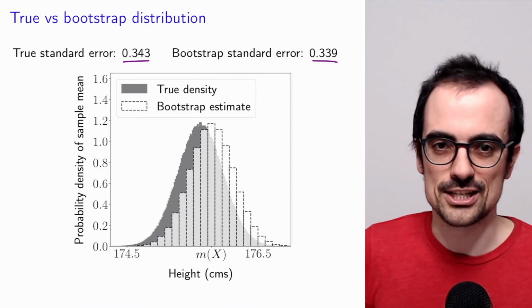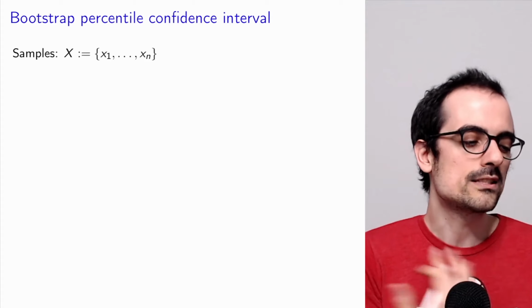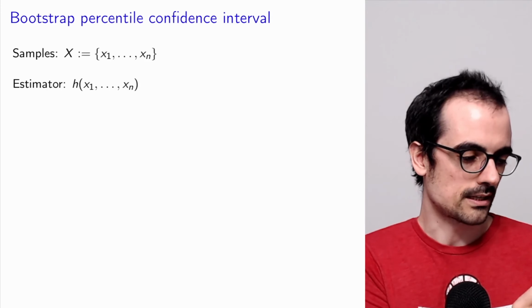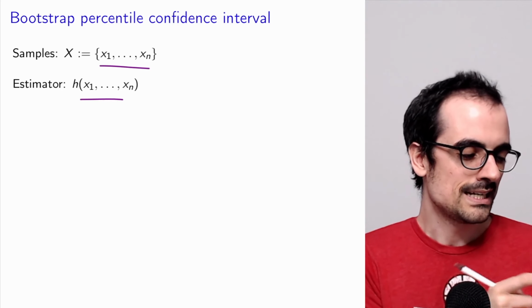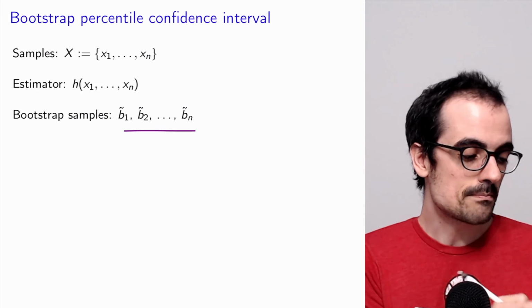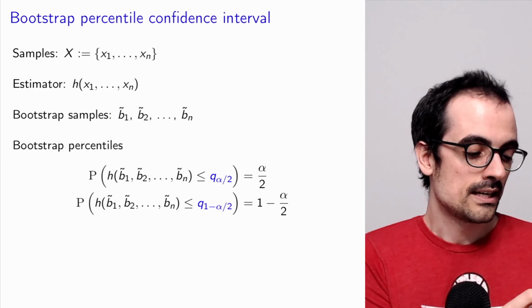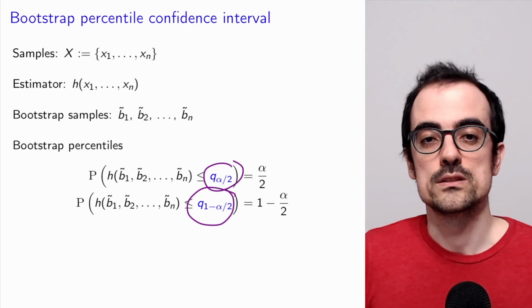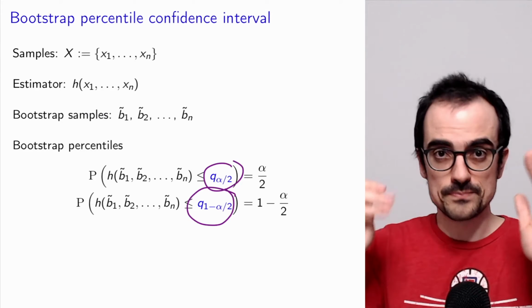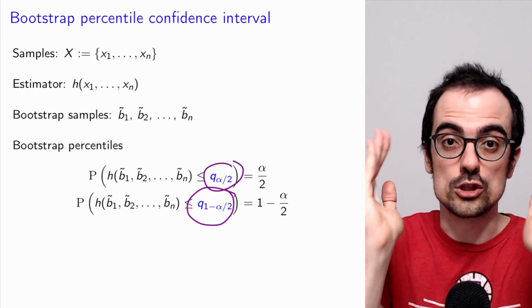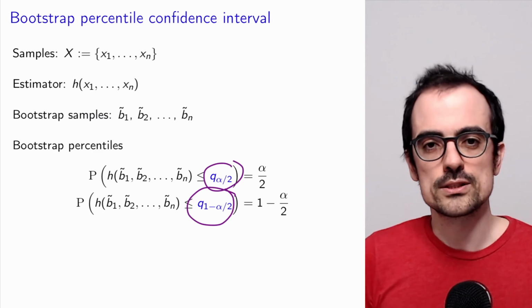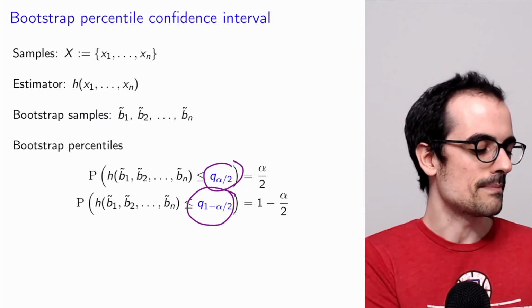one distribution is a shift of the other, and that motivates constructing confidence intervals by taking many bootstrap samples and computing the percentiles of the bootstrap estimators.